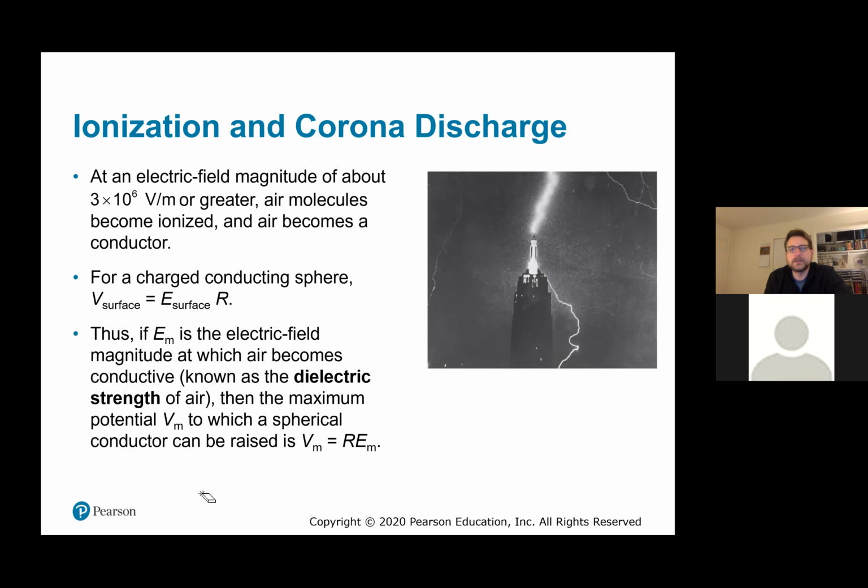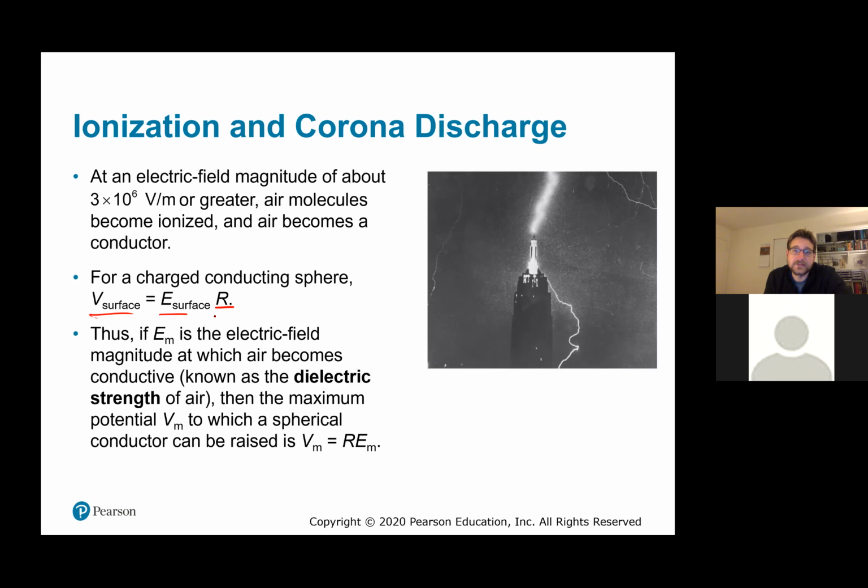If you've ever experienced an electric shock reaching for a doorknob, you have experienced the ionization of the air between your finger and the doorknob, because the potential at the surface of the doorknob is related to its radius and the electric field at the surface.